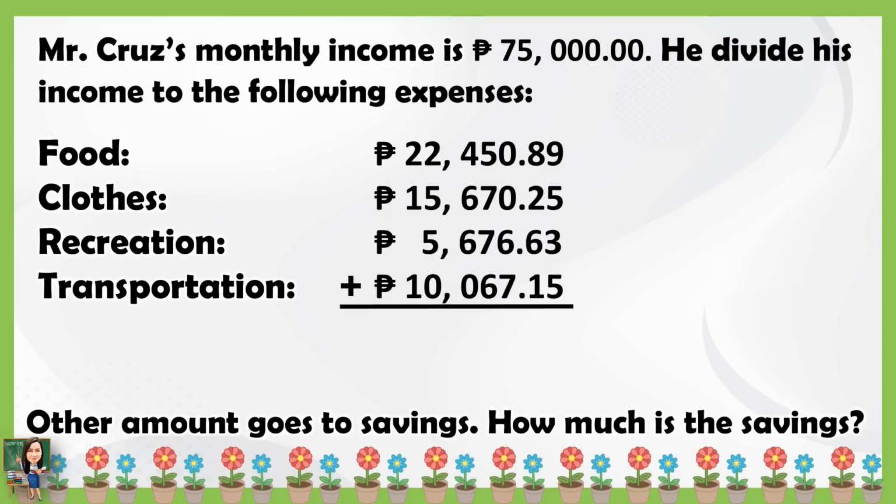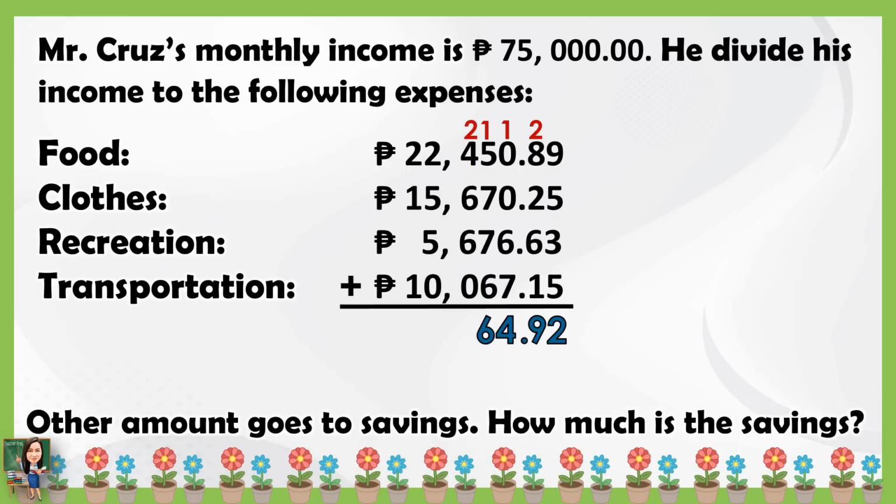First, add the following expenses. 9 plus 5 plus 3 plus 5 equals 22. Carry up 2. 2 plus 8 plus 2 plus 6 plus 1 equals 19. Carry up 1. Then write the decimal point. 1 plus 0 plus 0 plus 6 plus 7 equals 14. Carry up 1. 1 plus 5 plus 7 plus 7 plus 6 equals 26.